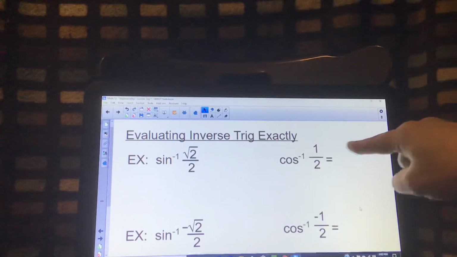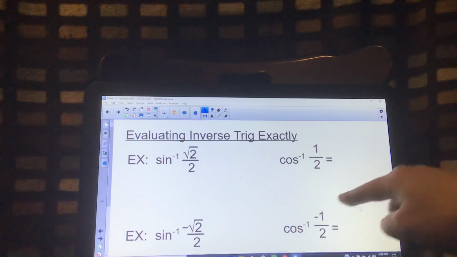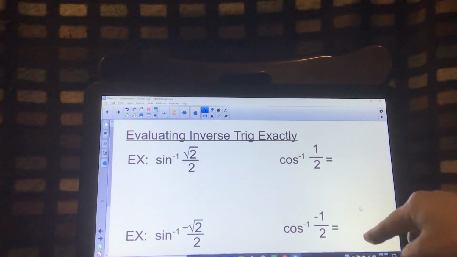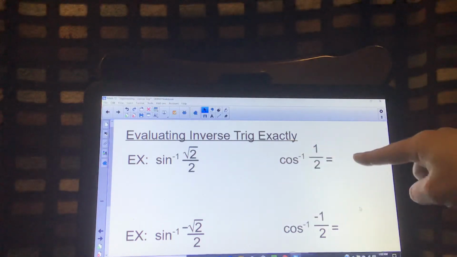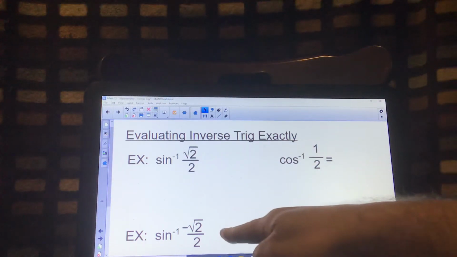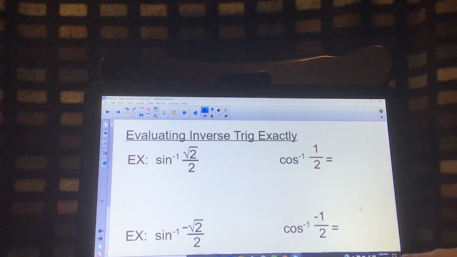And this one was 60 degrees. The answer to this isn't negative 60. It's 60, what 60 degrees would look like in quadrant 2, which is, you could do 180 minus 60 to get that, but it's a 120 degree angle. So the answers are 45, 60, negative 45, and 120, all in degrees.